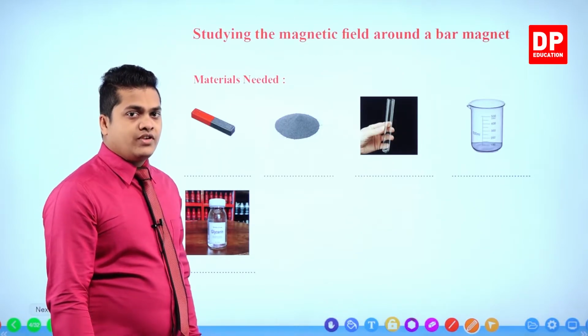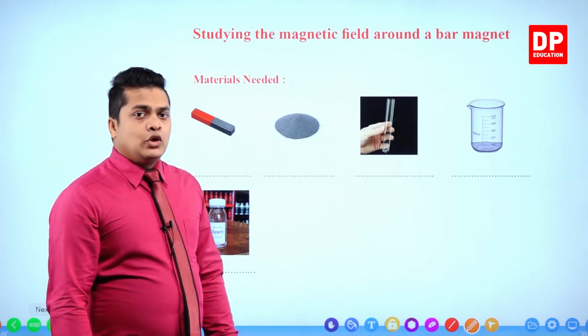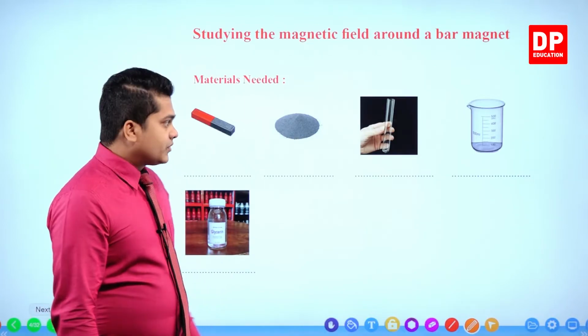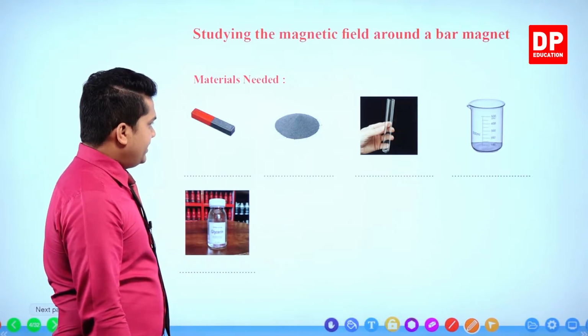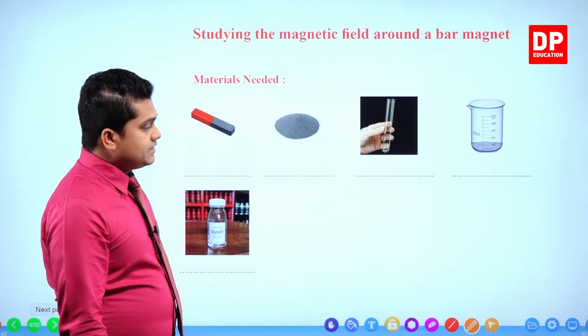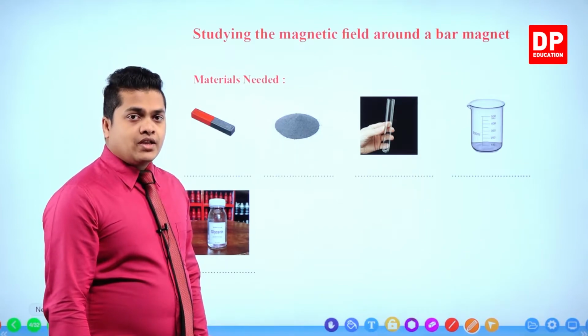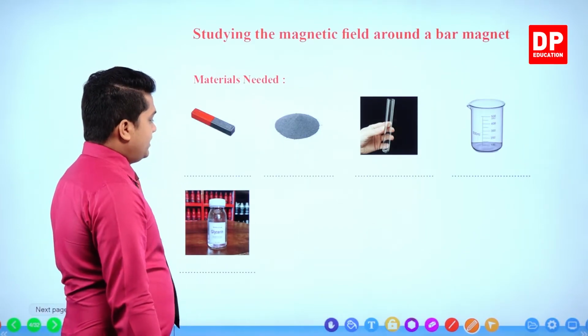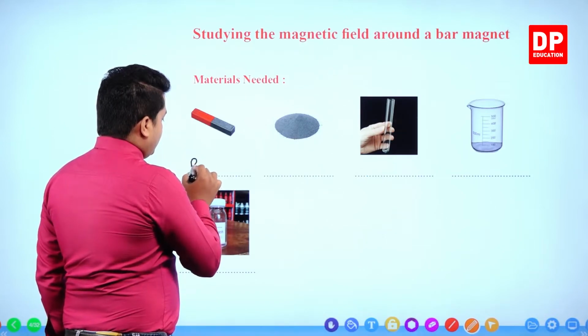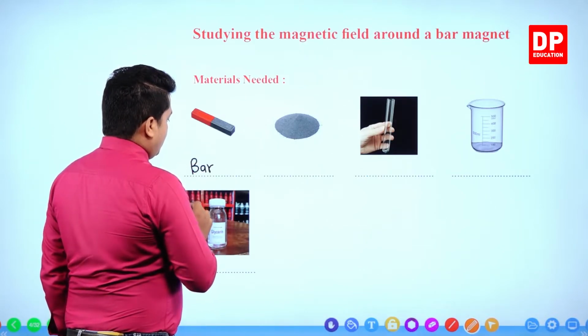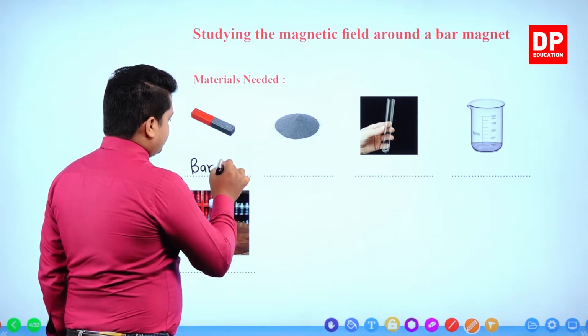Here also we'll be needing a bar magnet to observe the magnetic field. You'll be needing these materials to do this experiment. So let's see what the materials are. Definitely you will be needing the main instrument, the bar magnet.